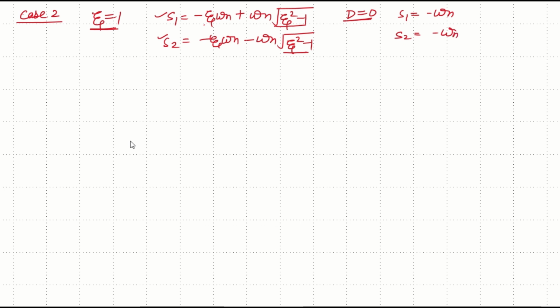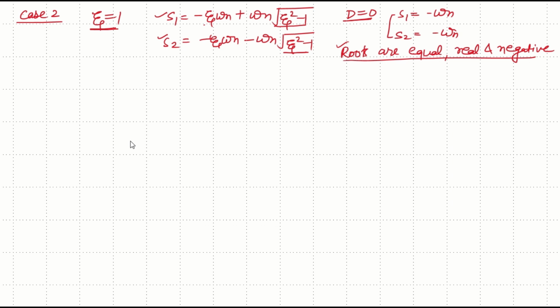So both the roots are the same, or the roots are equal. We can say in this case roots are equal, real and negative.